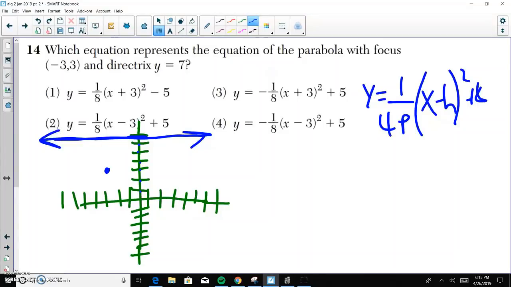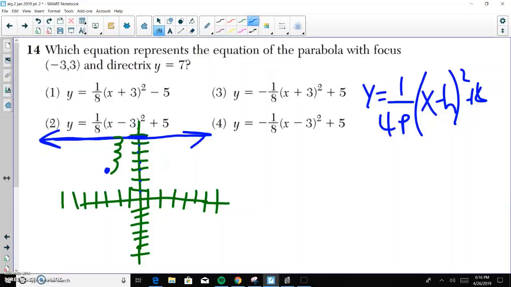Okay, so now we have to find out where the vertex is. So the vertex is going to be in the middle of the directrix and the focus. So let's count how many points away the focus is from the directrix. 1, 2, 3, 4. Okay, so it's 4 spots away.